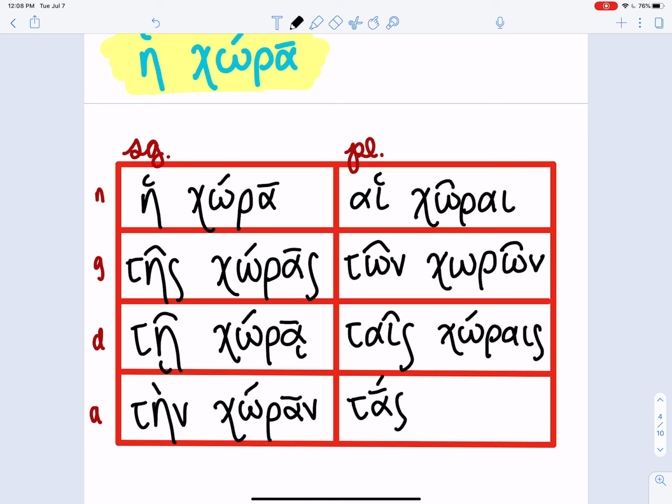Tas, and then this is another instance where we have that acute followed by another word, so it becomes a grave, and then horas. Okay, so that is it for nominative through accusative.